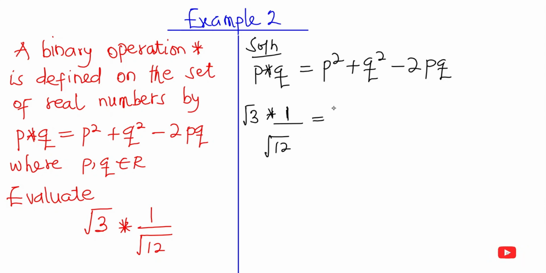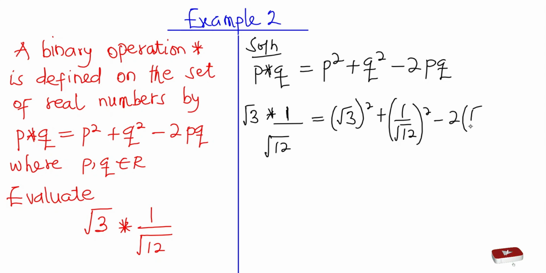So respectively, we have square root of 3 squared plus 1 over square root of 12 squared minus 2 multiplied by square root of 3 multiplied by 1 over square root of 12.